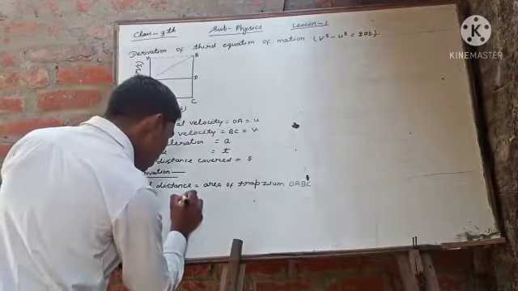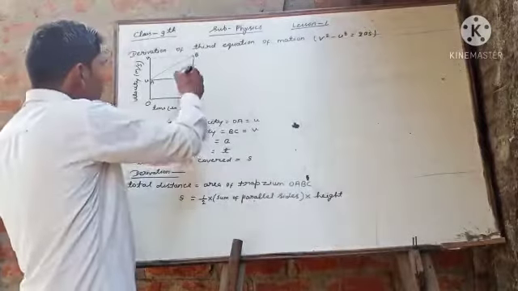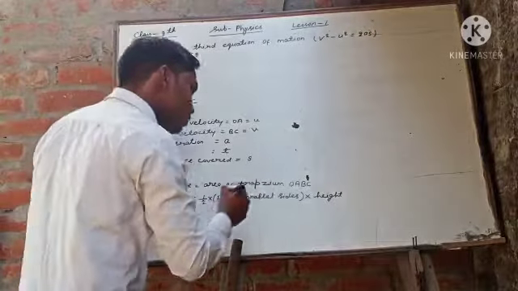There is a formula for the area of a trapezium: 1/2 into the sum of parallel sides into height, and height is the perpendicular distance between the parallel sides.